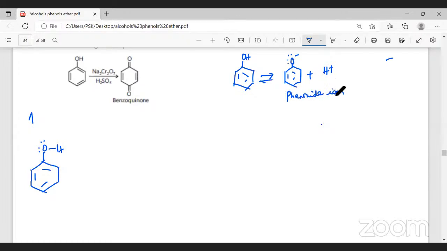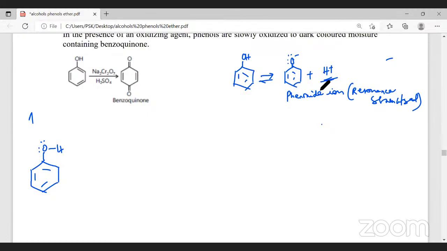This phenoxide ion which is formed is resonance stabilized. Therefore, this molecule gives you H plus ion. Anything which donates a proton will be called an acid.